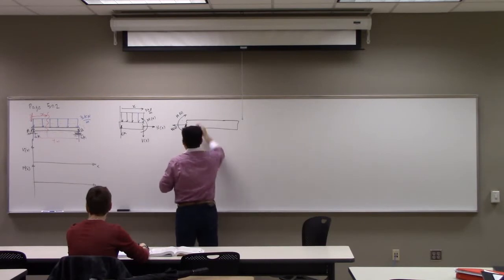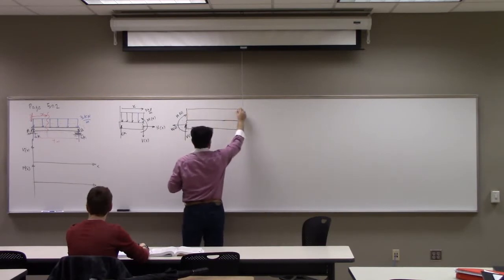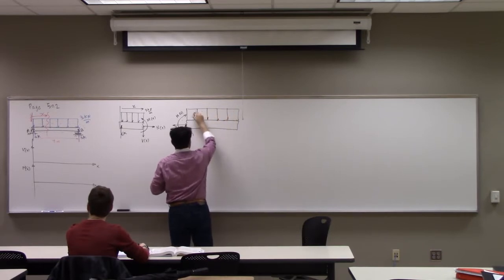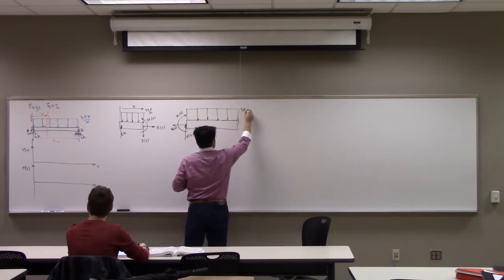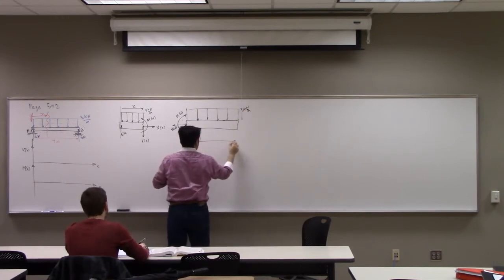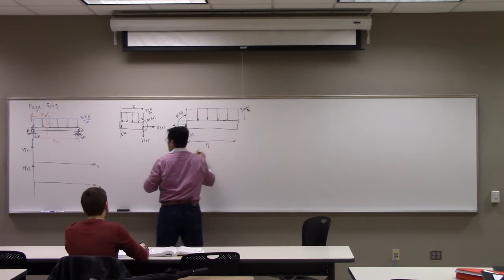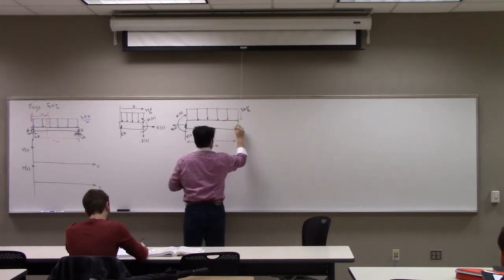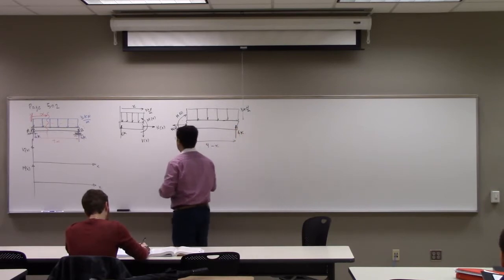And then you're going to have the rest of this distributed load. Again, take 3 kN/meter. But what is this length from here to here? It's 4 minus x. And then here you have another 6 kN.